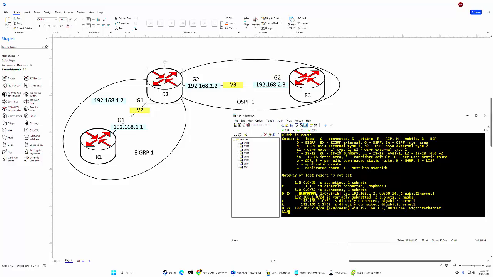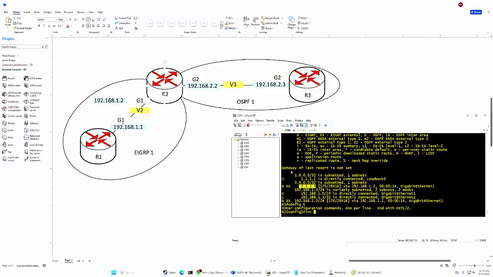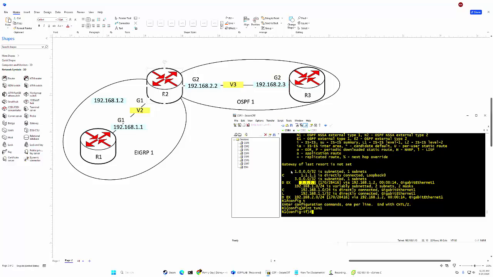Well, let's do it this way. Config T, interface tunnel 1.